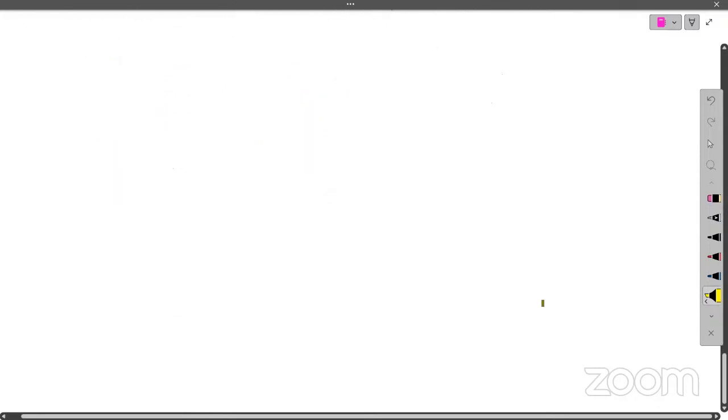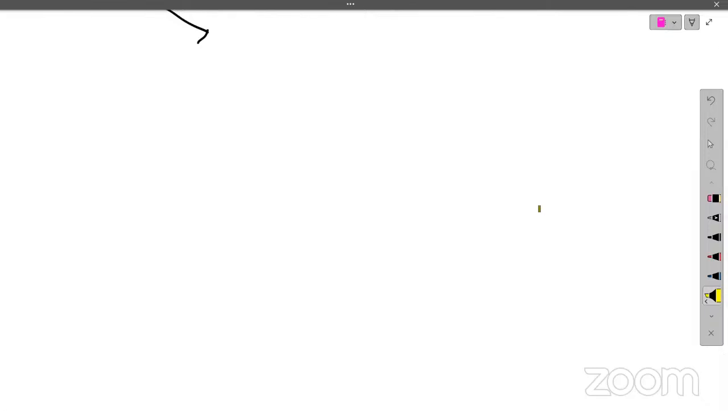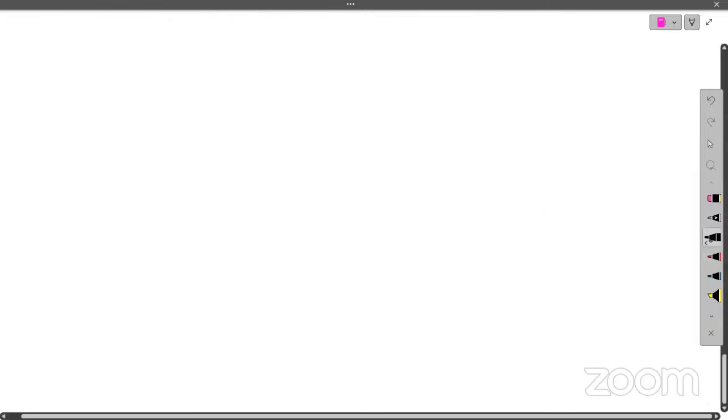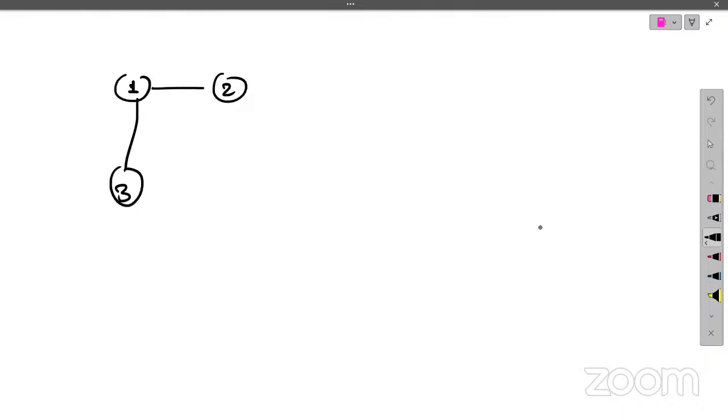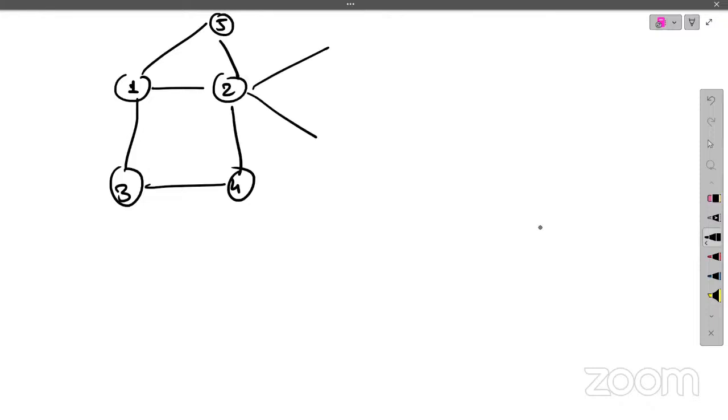Okay, let's take another example. Ma'am, in a walk we can repeat? Yes, sure. Suppose I have a graph like this. Here I'll give you two sequences for reaching vertex 6 to vertex 7.